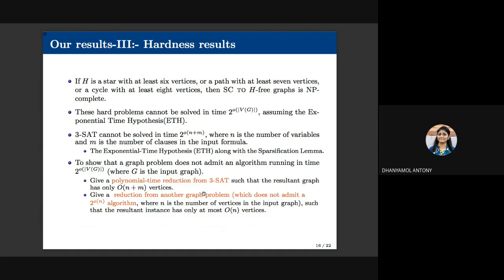Or we can give a reduction from another graph problem which also does not admit a sub-exponential time algorithm such that the resultant instance has only order of n vertices, where n is the number of vertices in the input graph. That is, these two reductions should be linear reductions. A linear reduction means the size of the output instance should be linear in terms of the size of the input instance.